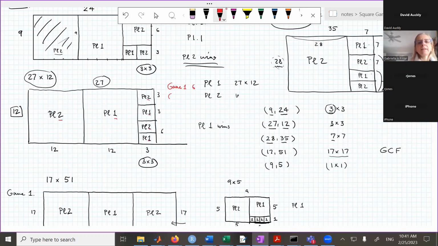While game 2 would be shorter, right? Player 2 would draw this square and also this one, because that's the same size. And then remember, all of these were 3 by 3 squares. So player 1 would draw all of them. So game 2 would only take 2 steps.